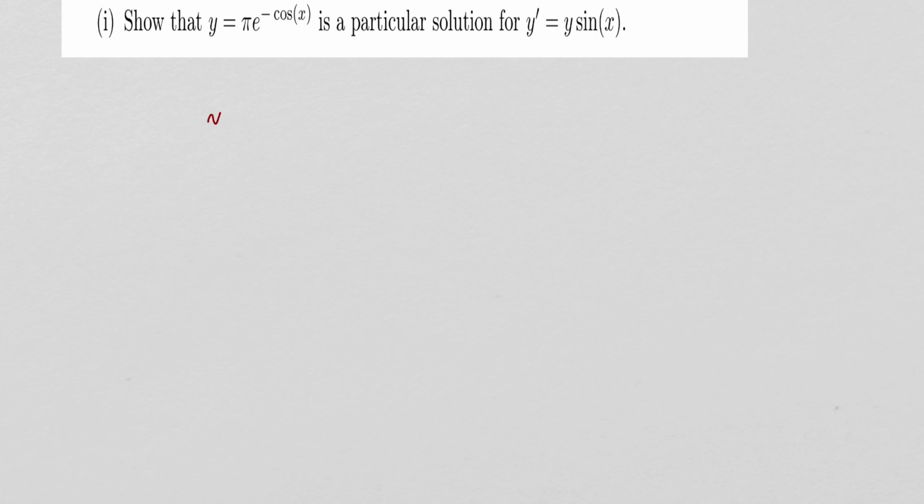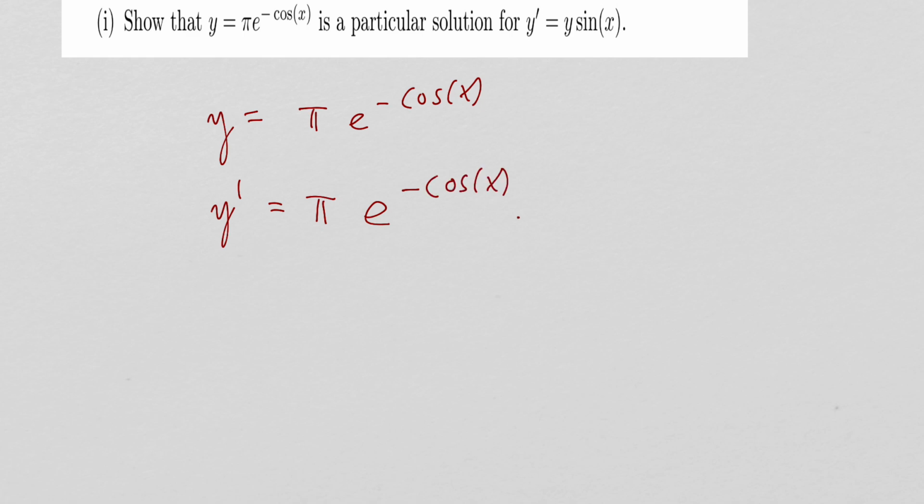Last in this exercise we have the function pi times e to power minus cosine of x. The pi is just a constant, so it can stay there. Derivative of the exponential function is itself times the derivative of the inner function. Derivative of cosine is minus sine.